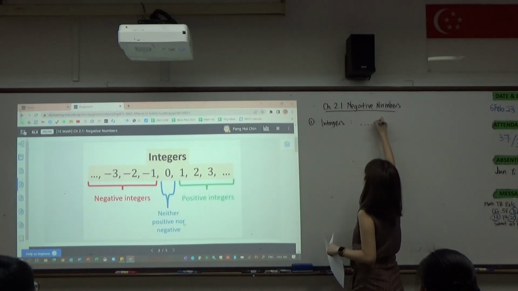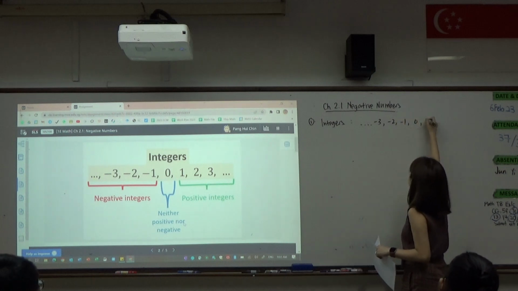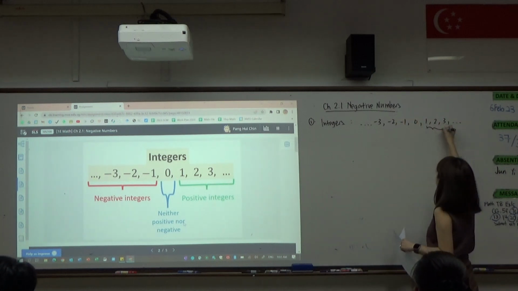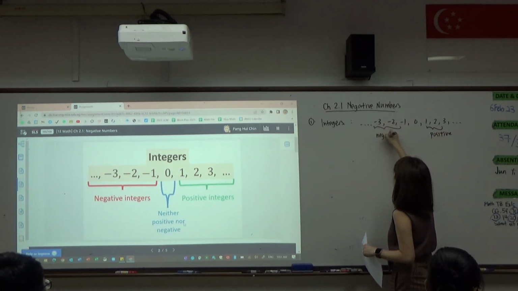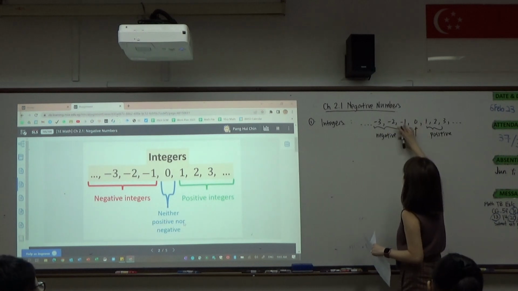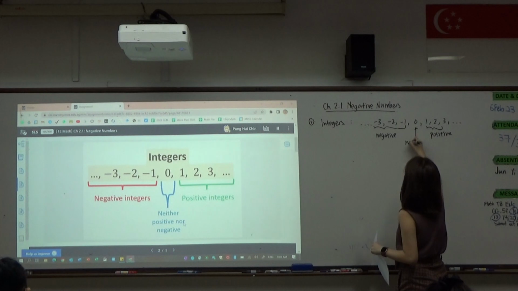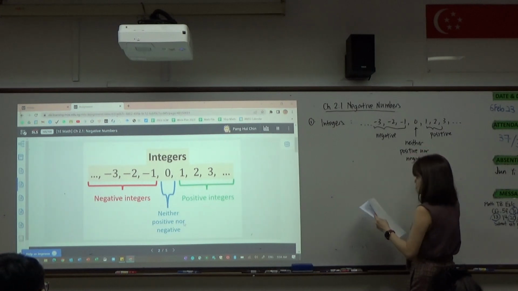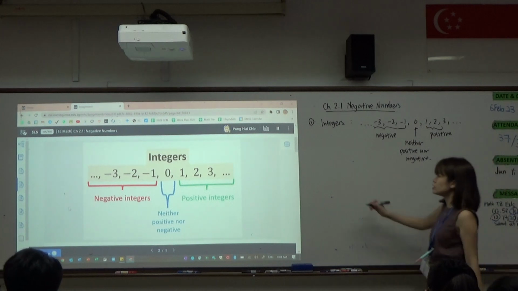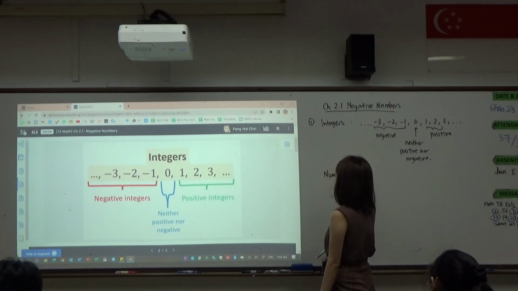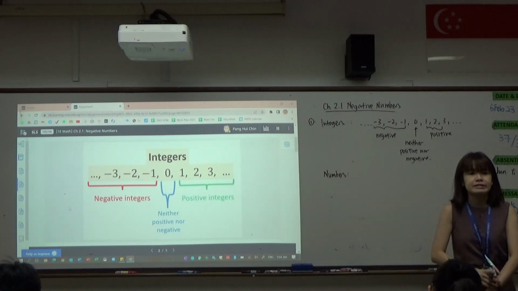You have your numbers that look like this. Then also, to differentiate between numbers and integers, do take note that the word numbers is a very generic term.